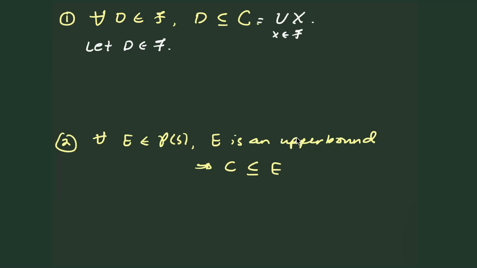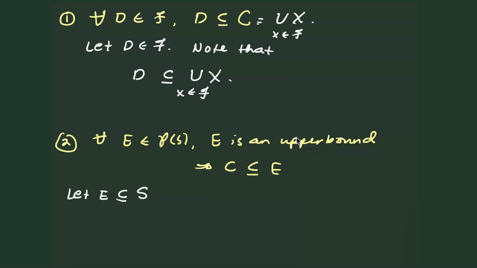But if D is just a set here, then that means that D will definitely be inside the union. So it automatically follows. So note that D will be inside the union. So that's it.